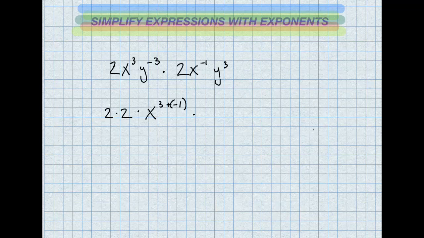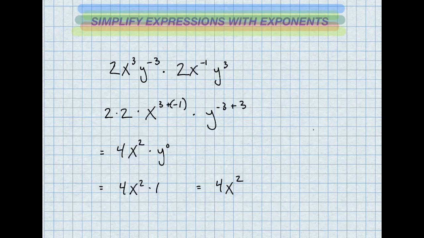And I could also do that with the y. So I could say this is y to the negative 3 plus 3. So what we're left with is 4 times x to the 3 plus negative 1, which is x squared, since 3 plus negative 1 is 2. And then y to the negative 3 plus 3 is y to the 0, which as we know equals 1. So what we're left with is 4x squared times 1, or just 4x squared.